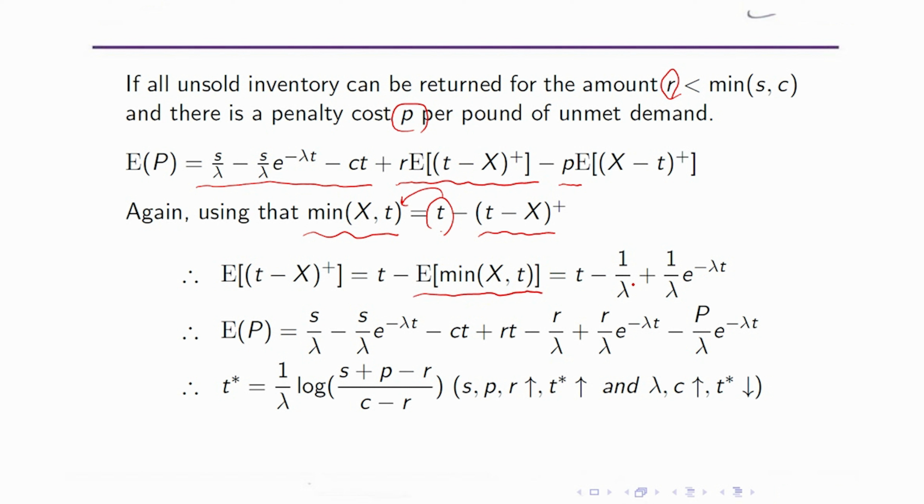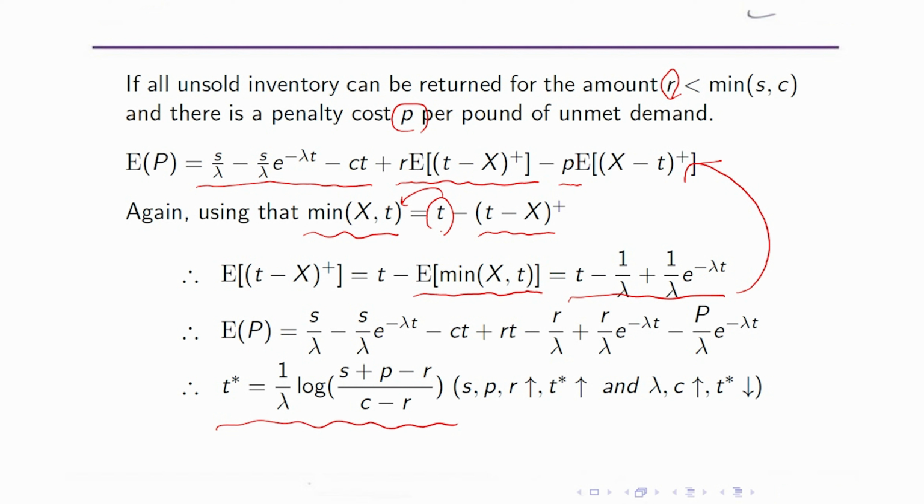That is 1 over lambda minus 1 over lambda exponential minus lambda t. So we have this. And now we put everything back in this equality, and then we take the derivative with respect to t and set it to 0, and we can solve for t. And this is the optimal order quantity.